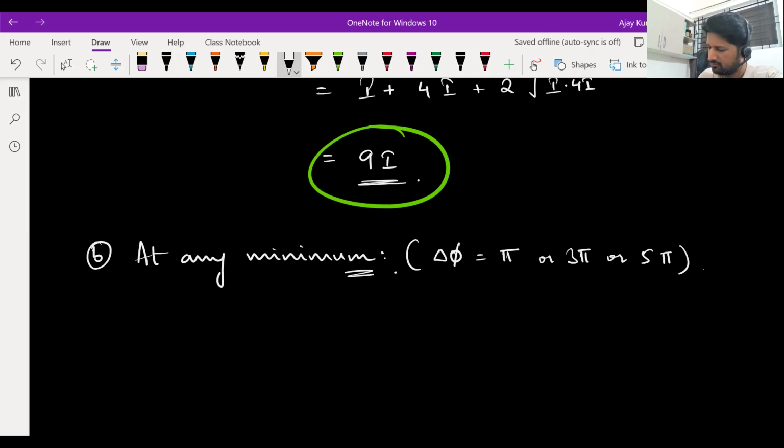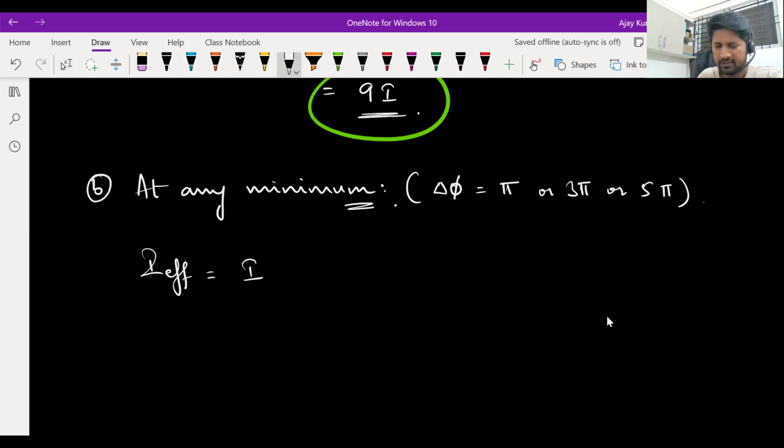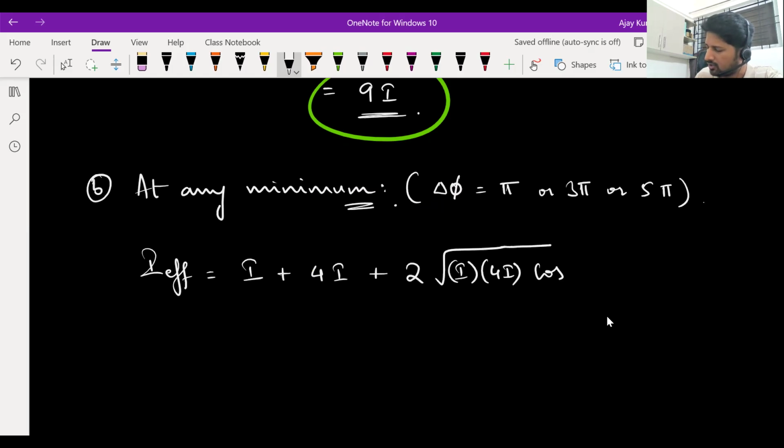So at any position of minimum, the effective intensity becomes I1, which is I, the first source intensity, plus I2, which is 4I, plus 2 root I1 I2 cos of the phase difference. In the intensity formula, the root does not extend to the cos. The phase difference is an odd multiple of pi.